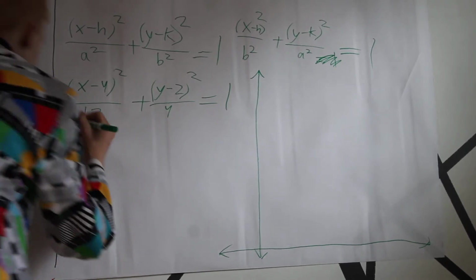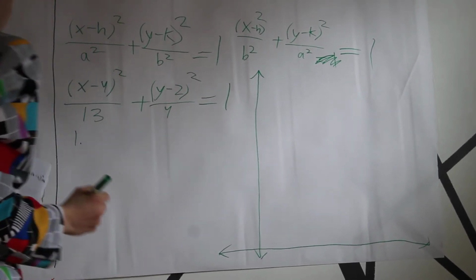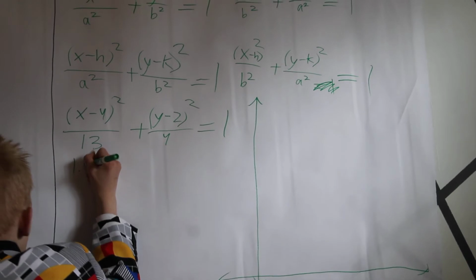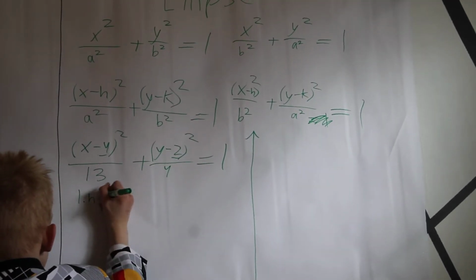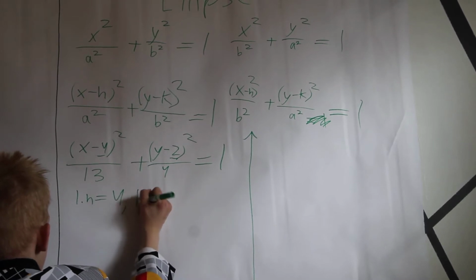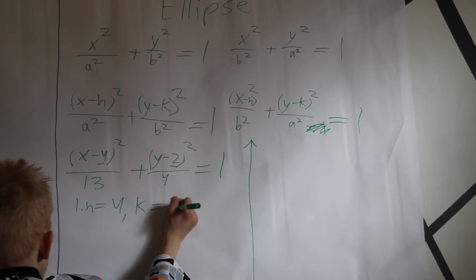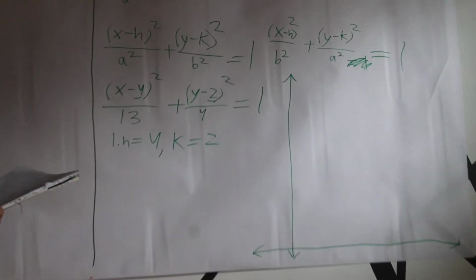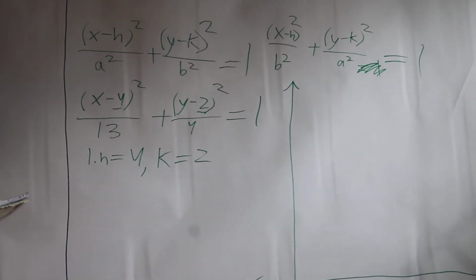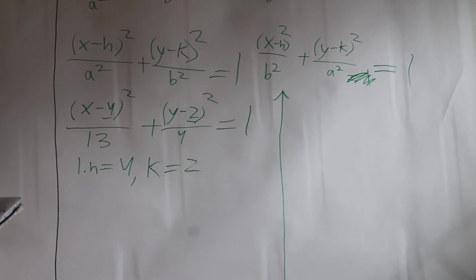So our first step is to find h and k, which is our center. h equals 4 right here, and k equals 2. h equals 4, k equals 2. And then our next step is to find our outer points.